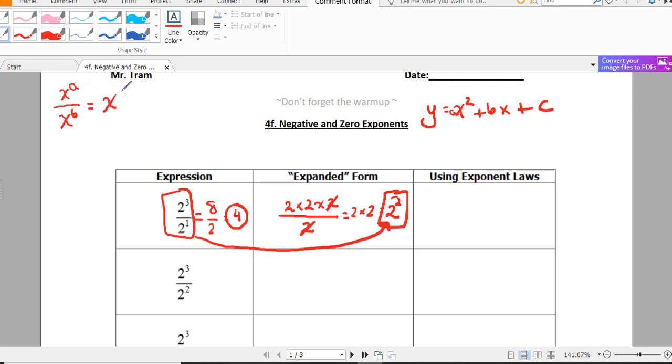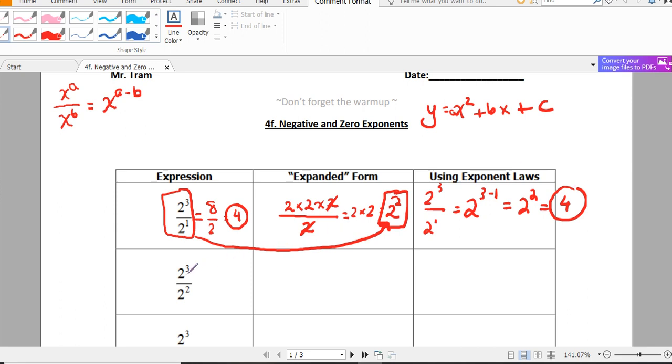Well, since we're dividing, we subtract the exponents. Okay, so as you can see here, this rule applies and it works. So using the exponent laws, we can say 2 to the exponent of 3 divided by 2 to the exponent of 1 is equal to 2 to the exponent of 3 minus 1, which is the same thing as 2 to the exponent of 2, which is 4.